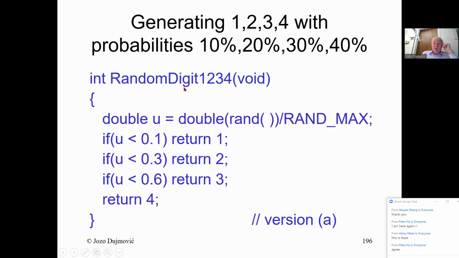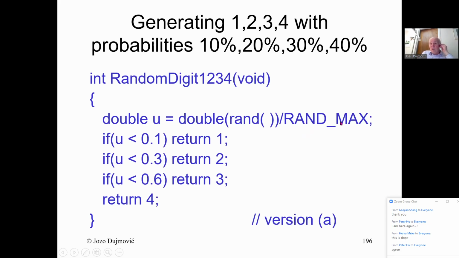So here is my program. Random digit 1, 2, 3, 4. It is a void program, returns an integer. And then what I have here is that I'm going to compute this double precision value u, which is RAND divided by RAND max.